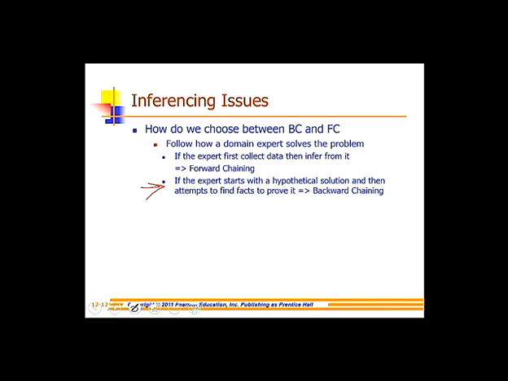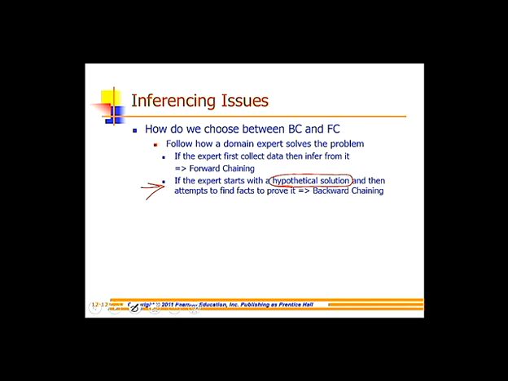Now the doctor, based on your assumption, he will build a hypothetical solution. It means he will think, okay, you may have disease A, B, or C. Then he will propose certain medical tests for you, and then based on those medical tests, he will rule out certain diseases, and then he will try to prove whether a disease is there for you or not.